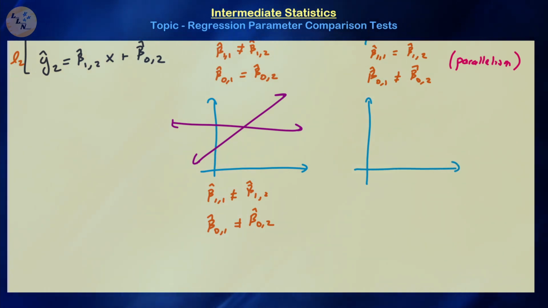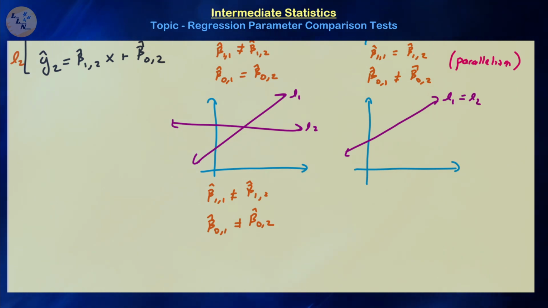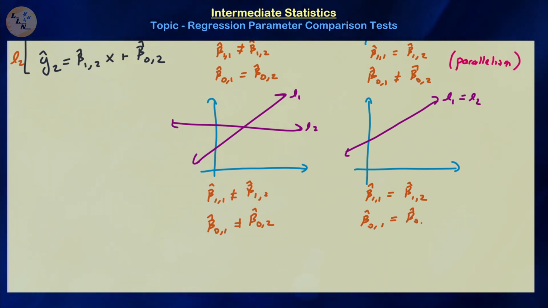Take a guess. So again, that's line 1, line 2. Here I'm just going to draw, or it looks like I'm drawing only one line, but actually they're on top of each other. So what does it mean to be on top of each other in the sense of lines and their parameters? Well, clearly they have the exact same slope. Beta hat 1,1 and beta hat 1,2 are equal to each other, and beta hat 0 of 1 and beta hat 0 of the second are also equal to each other.